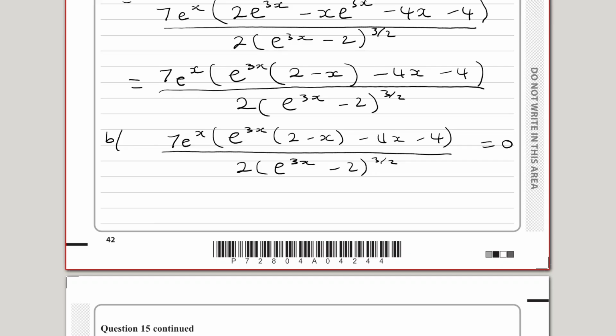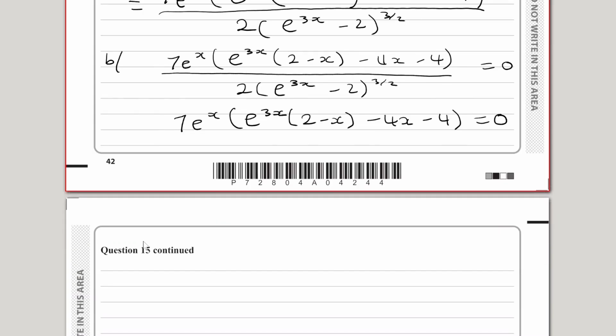For this to be 0, we can ignore the denominator. So times both sides by the denominator. Let's just get rid of it. That denominator we've copied down line after line is now just gone.